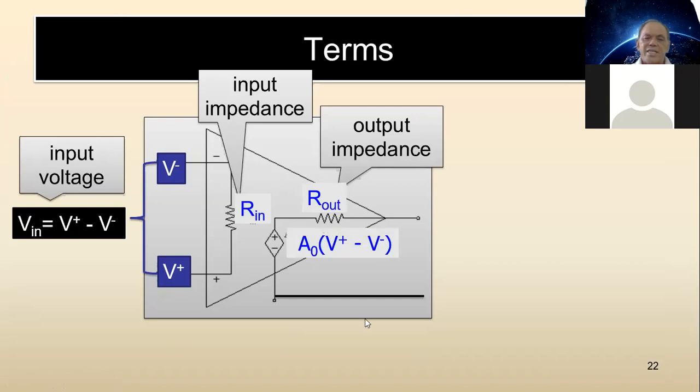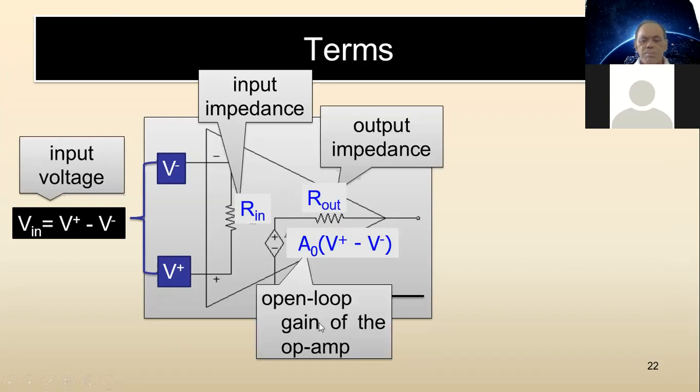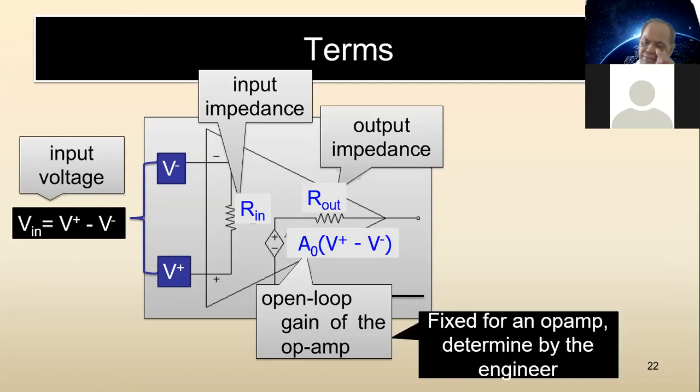And then you can imagine this is a voltage source. That voltage source depends on what you put in, the difference that you put in, times the gain of the amplifier. And this part is the output. That is usually the earth line. A naught is called the open loop gain of the operational amplifier. That means it's the gain of the amplifier itself. It's just fixed by the engineer.